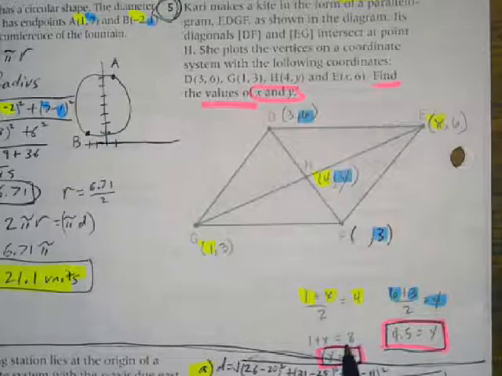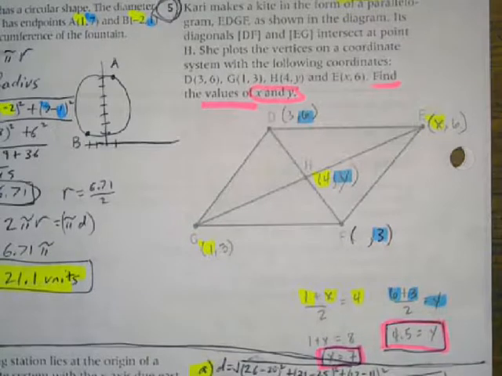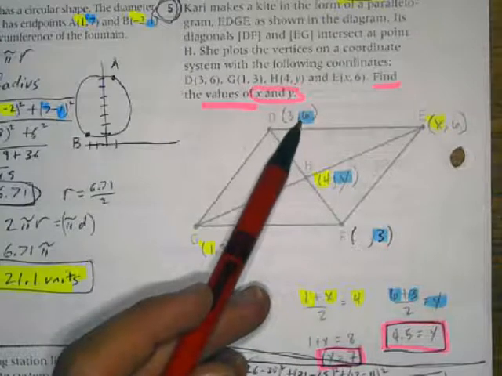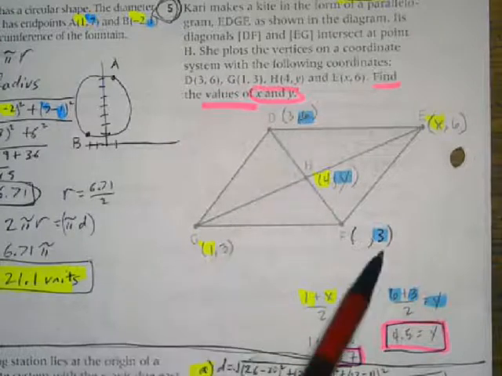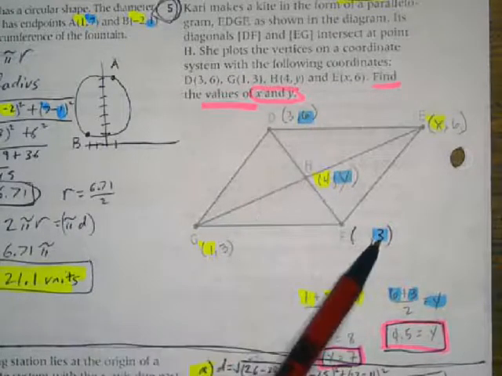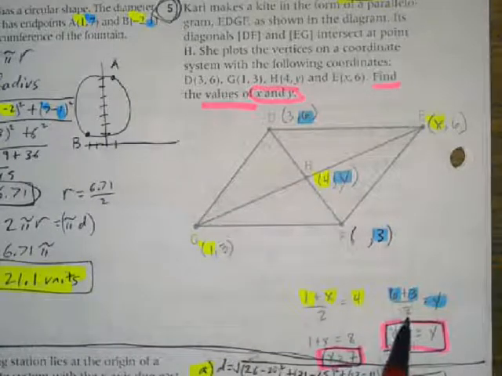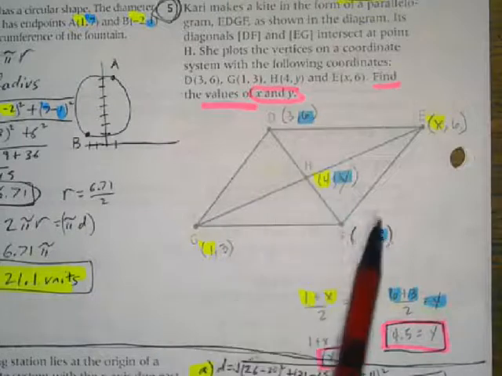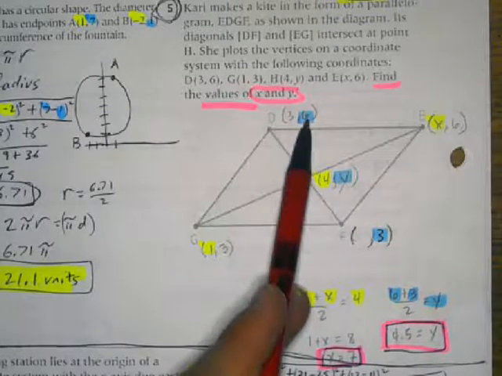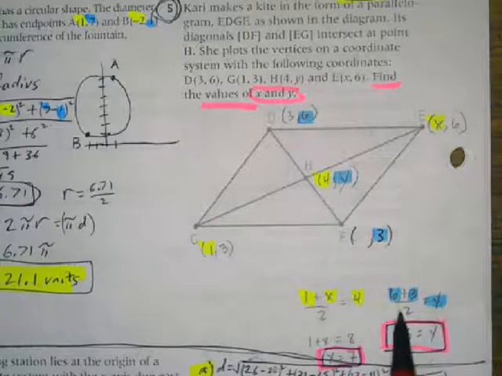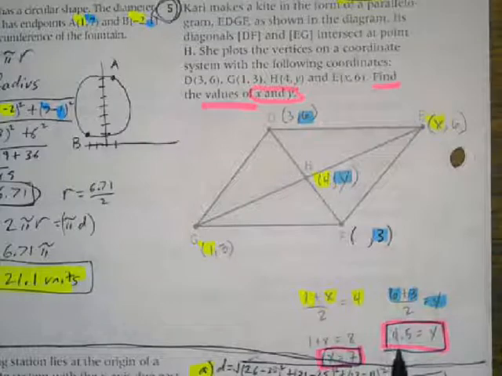Then I subtract 1 on both sides, and I get x equals 7. Now let's try to figure out y. The average between 6 and 3 is going to give me y. So 6 plus 3 divided by 2 is going to give me y, because y is halfway between the 6 and the 3. 6 plus 3 is 9, and 9 divided by 2 is going to give me 4.5.